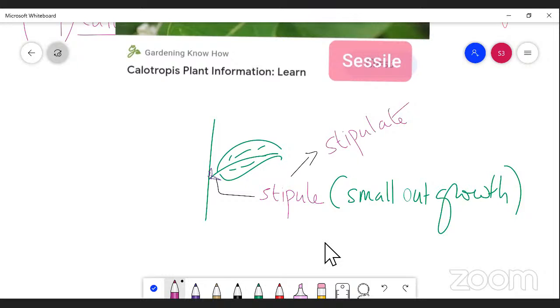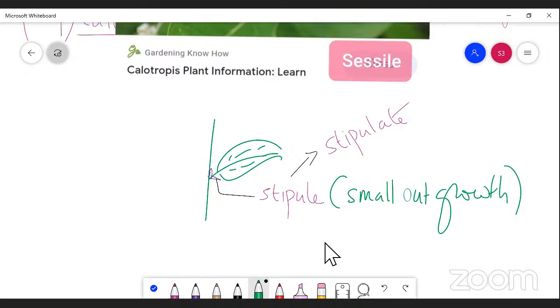Stipulate is nothing but the presence of stipules, which are found in between the leaf base and the stem. So simply, the stipule may arise from the leaf base, the axil of the leaf, right? That is called stipulate. If stipules are absent, that is called exstipulate.